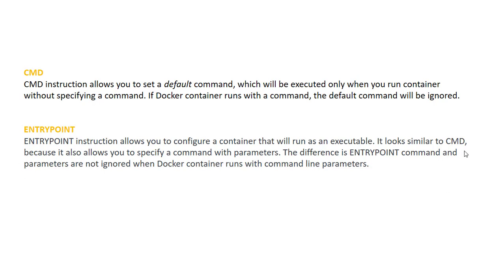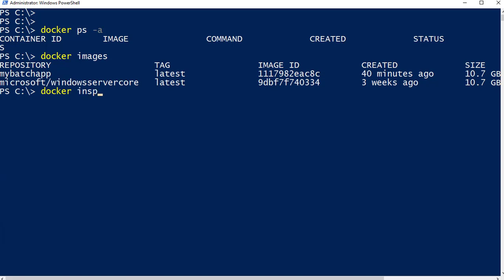But in the case of entry point, the application that you define for the entry point executes regardless of whether you override it or not. So if you want to override what application runs when you run that container, you need to go through some extra steps. Let's explore how to define command and entry point for an image.